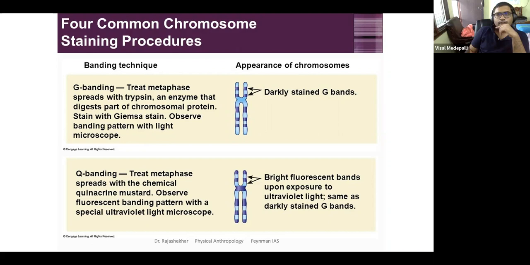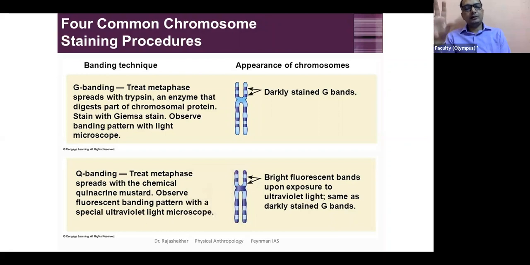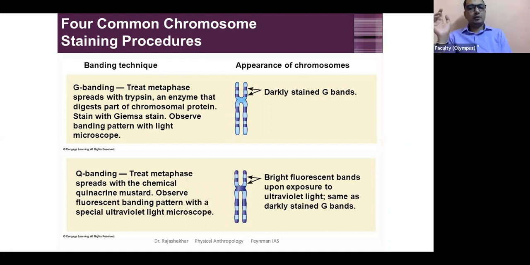So if it's heterochromatin in G banding, but in the image the telomeres are shown as light? Correct. The pattern that we talked about is a general idea about where it is, which may vary. This is just a representative image, so depending on the source it may be different, and depending on the chromosomes also.